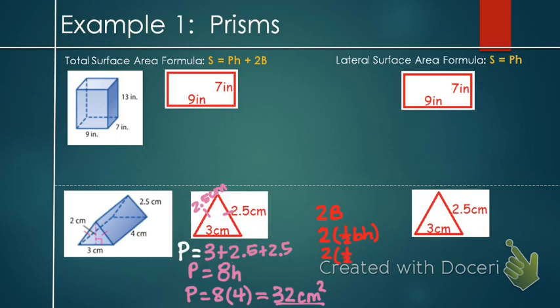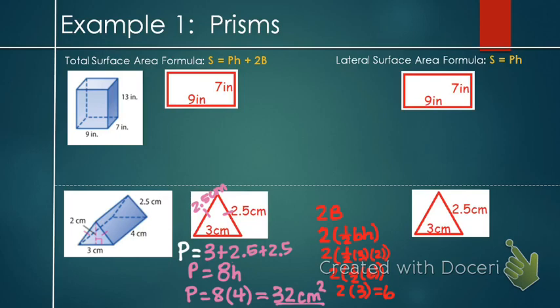The base of the triangle is 3. The height of just the triangle is 2. So 3 times 2, we get 6. Half of 6 is 3. And then 2 times 3, we get 6.